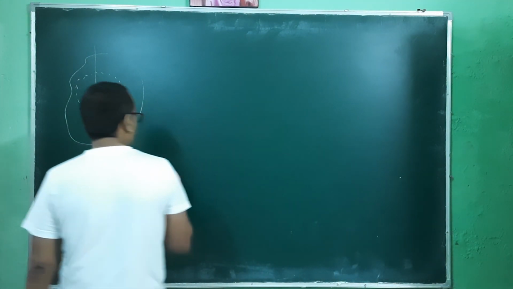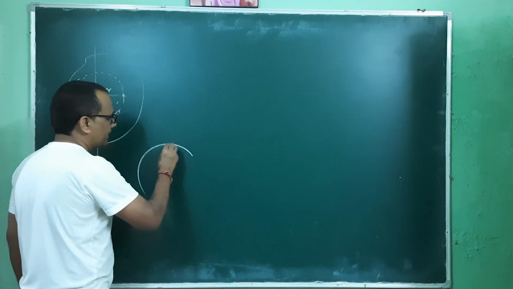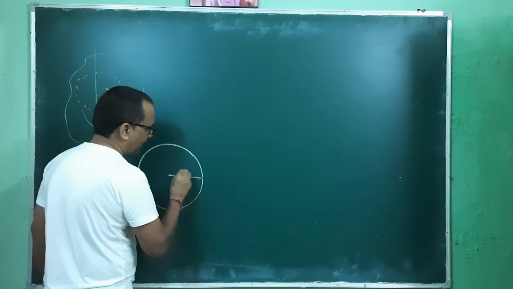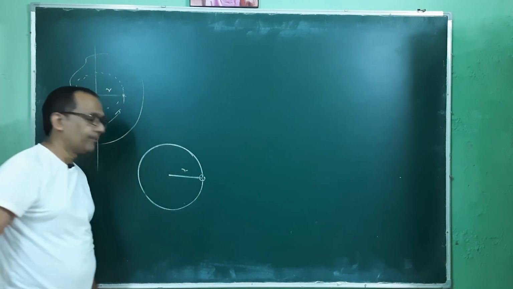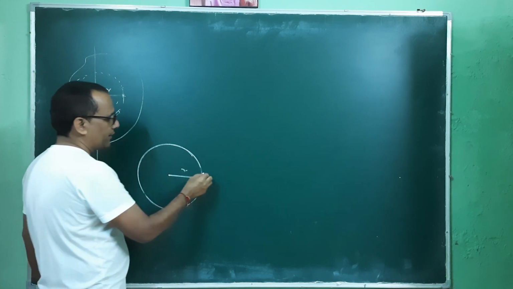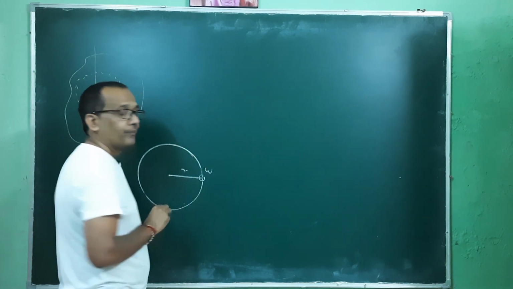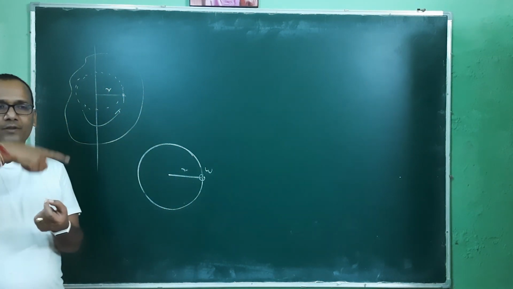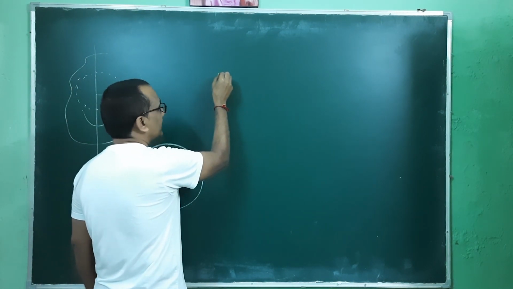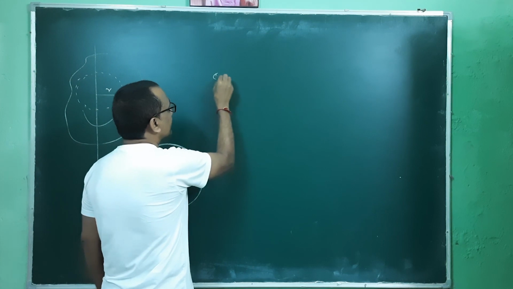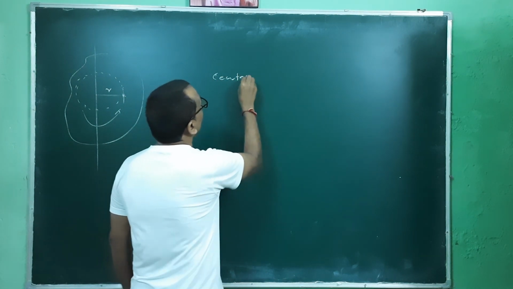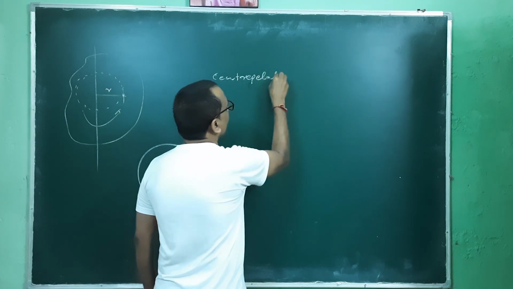So when we were talking about circular motion, this is that circular path of radius r, and one body is somewhere here. If its angular velocity omega is constant, then we have one centripetal acceleration. I think you remember this, that centripetal acceleration.